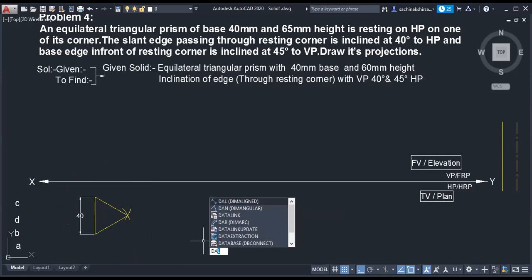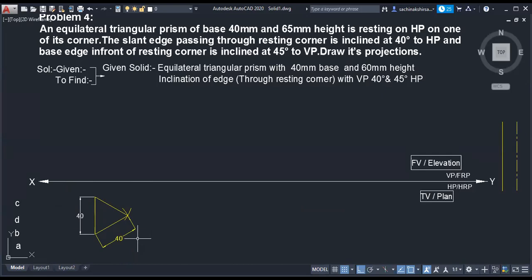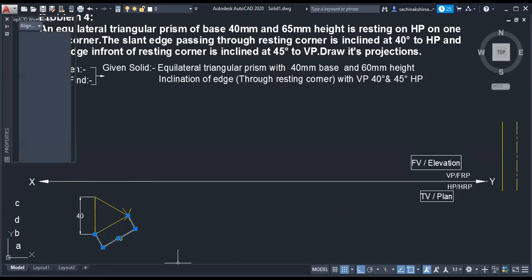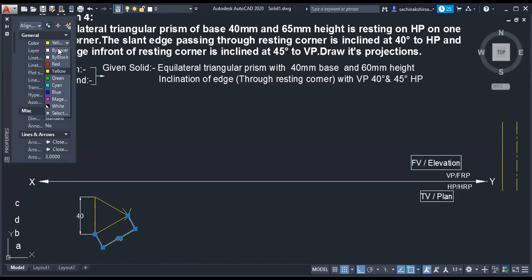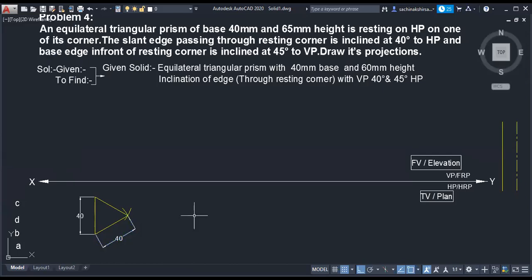So all its sides should be how much? 40, 40, again 40. While giving names to its corners, how many names do we have to give? 2.